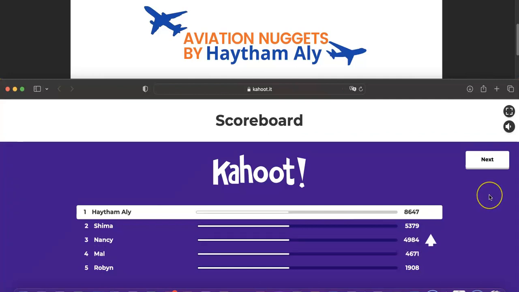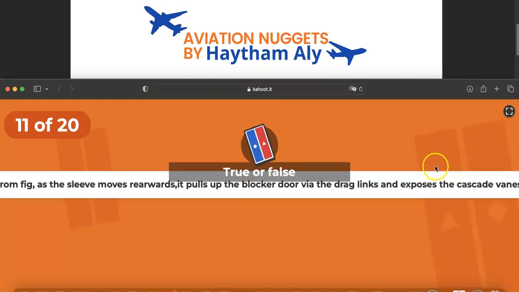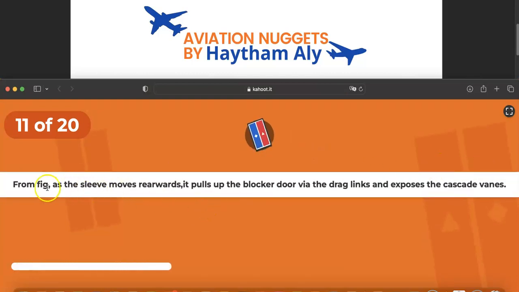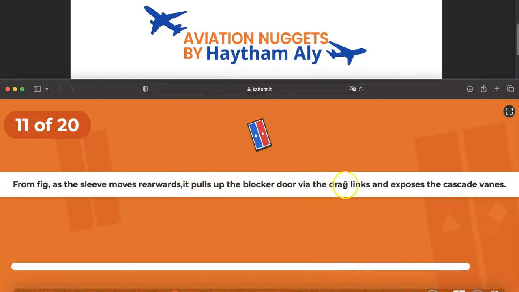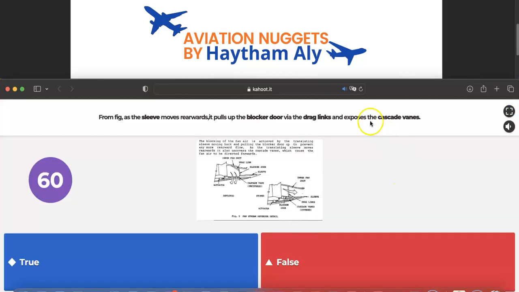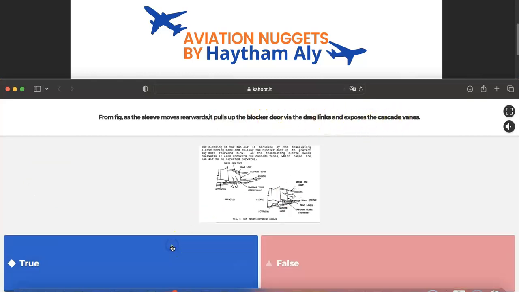I hope you enjoy these sets of questions to recall basic engine thrust reverser system operation. From the figure: as the sleeve moves rearward, it pulls up the blocker door via the drag link and exposes the cascade vanes. Yes, as you can see here, in this schematic we have the translating sleeve, blocker doors, drag link, and cascade vanes. So this statement is true.